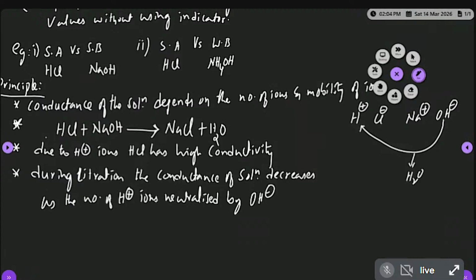So during titration, what happens? The conductance of solution decreases as the number of H plus ions are neutralized by OH minus ions.